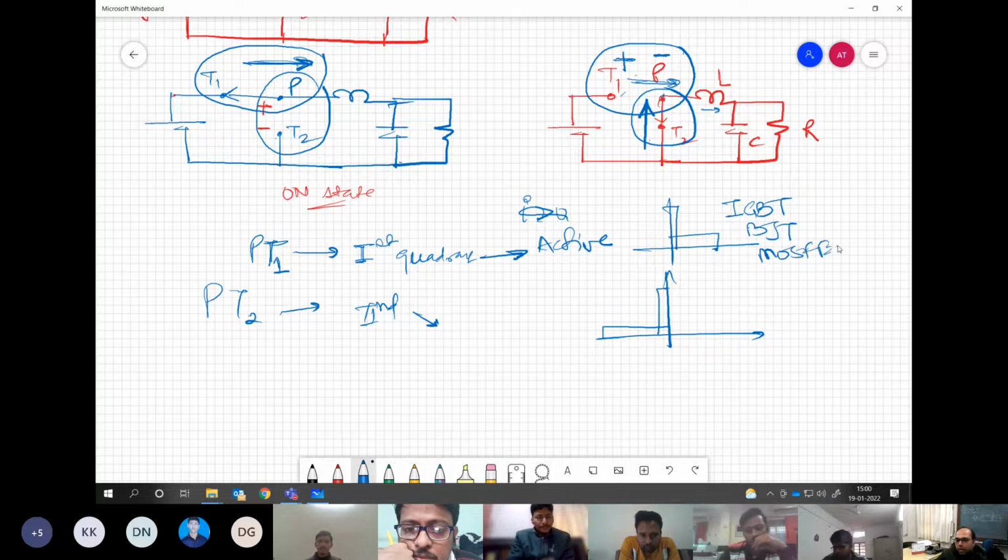Fine, no problem in that. How about this PT2? So a diode should be there. The only option is diode, nothing else, if we are targeting this kind of power conversion operation, isn't it?